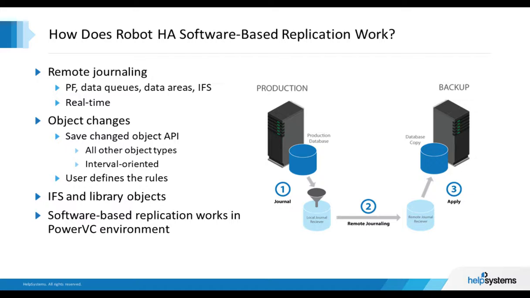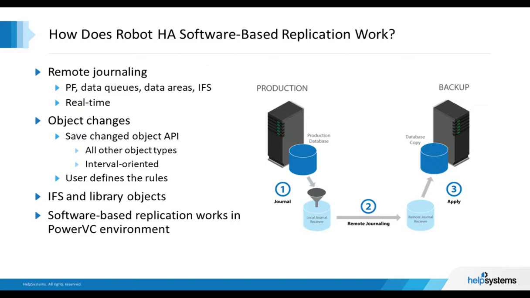With software replication, you do get the flexibility of being able to define what libraries you want and what directories, so you get some flexibility there. The other aspect of this is not all objects are journaled. Not all objects that you're concerned about are physical files and data areas.